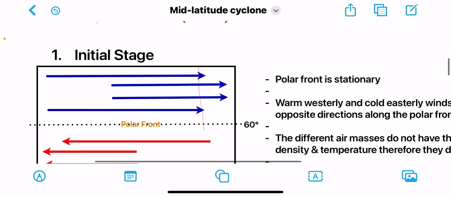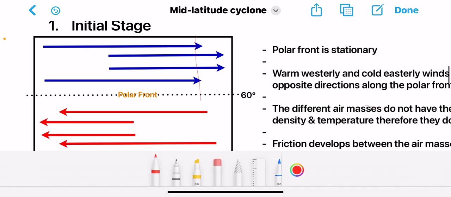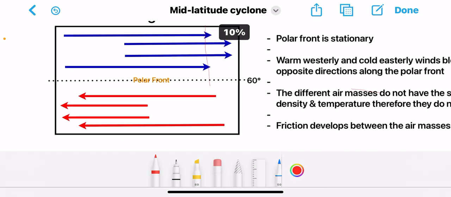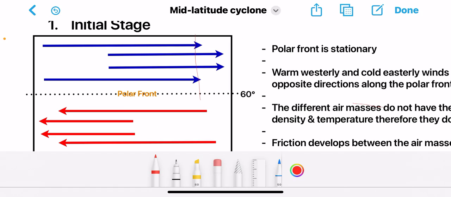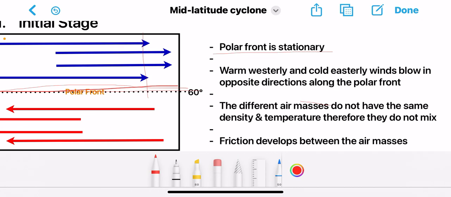Now, let's continue with the initial stage. With the initial stage, the polar front is stationary. As we can see, this 60-degree belt here is the polar front. It is stationary. It is not moving. Now, the warm westerly and cold easterly winds blow in opposite directions along the polar front.